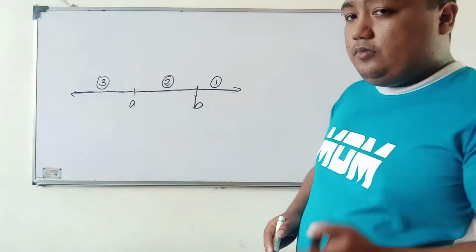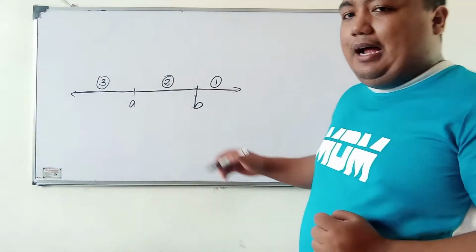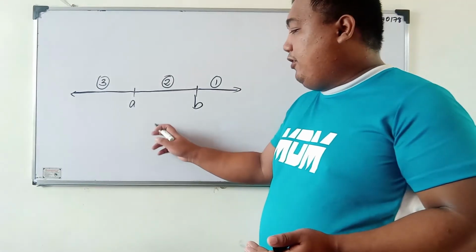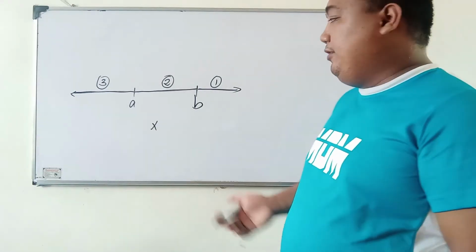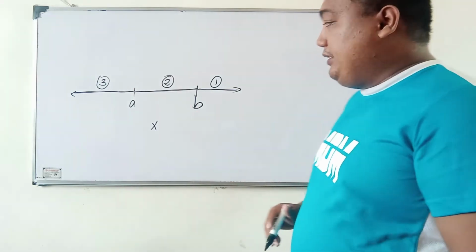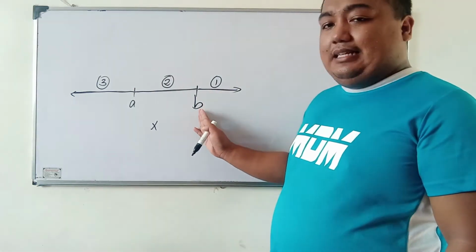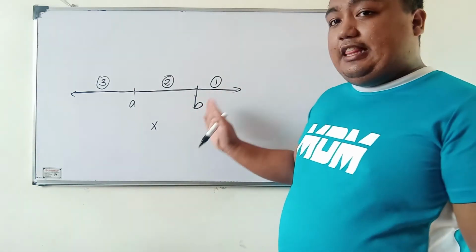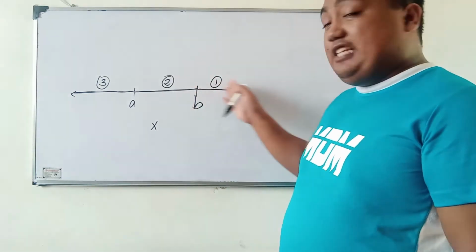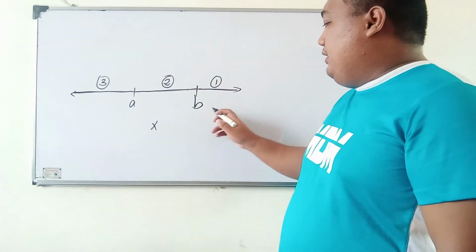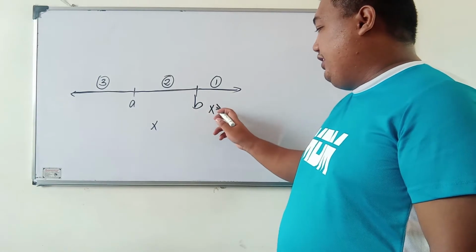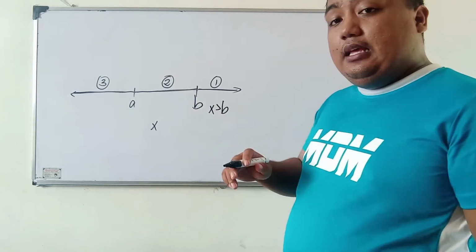Okay? So, ang area number 1, for example, we are solving for the value of x, using the A and B values. So, yung B na to, that will be your critical value for that specific region. Okay? So, this will be x is greater than b.